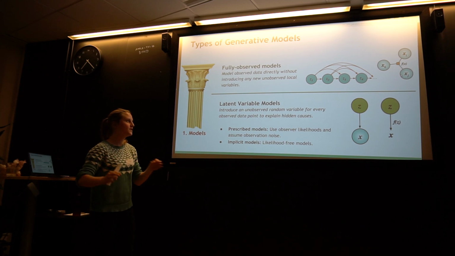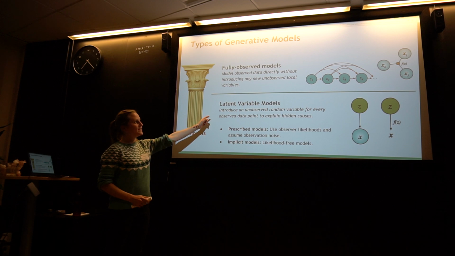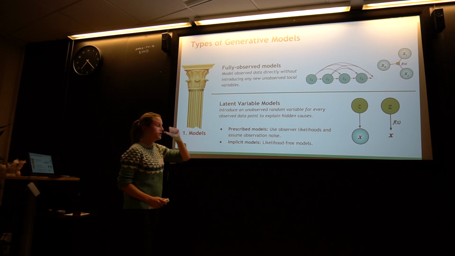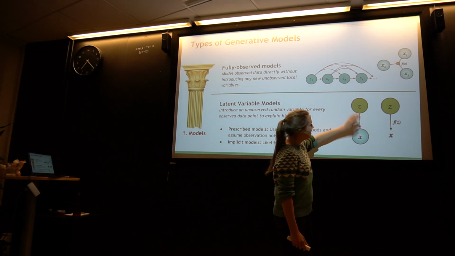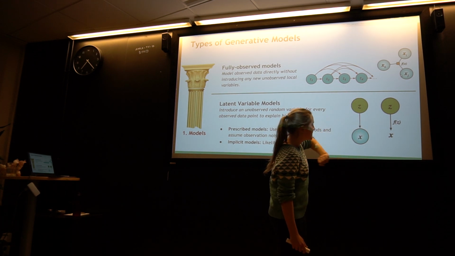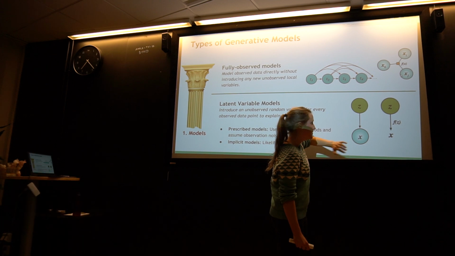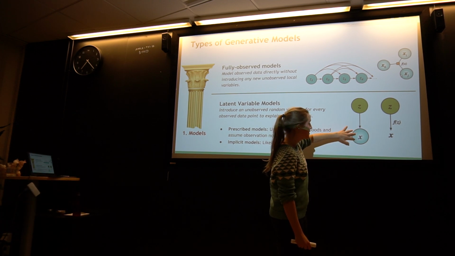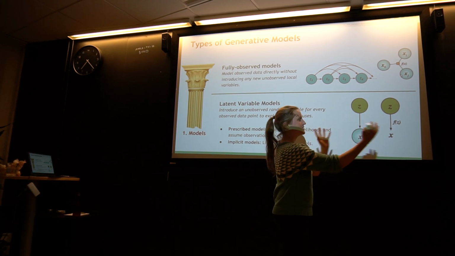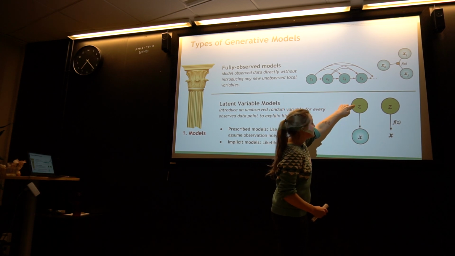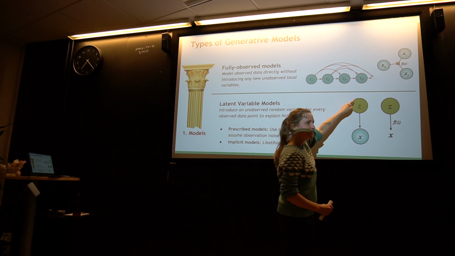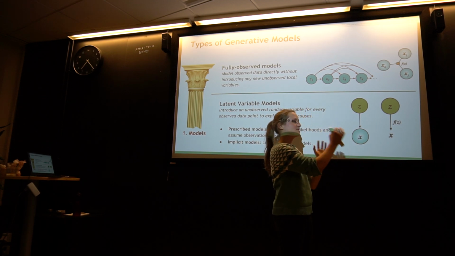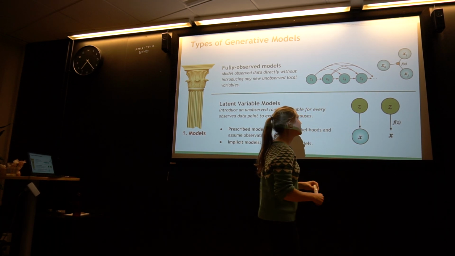Everything is nicely observed. Or you have latent variable models where you have one variable that you have never observed, and this is what you have observed. So say in the image case, for example, this is your image of this cube. These are the different parameters of how you can manipulate this cube. So one of them says how big it is, one of them says how it rotates, and so on.